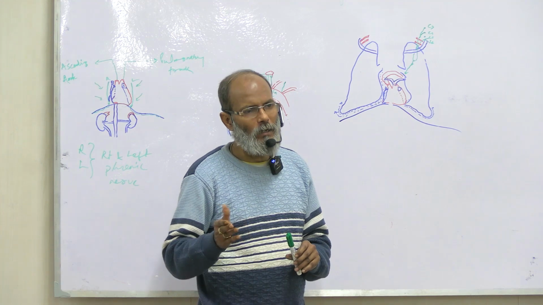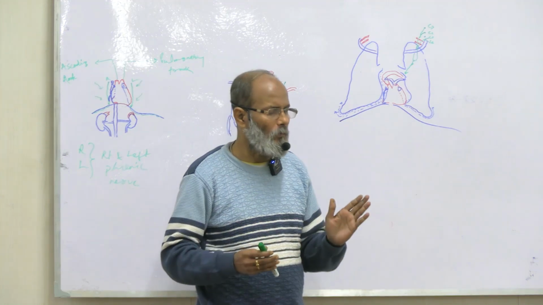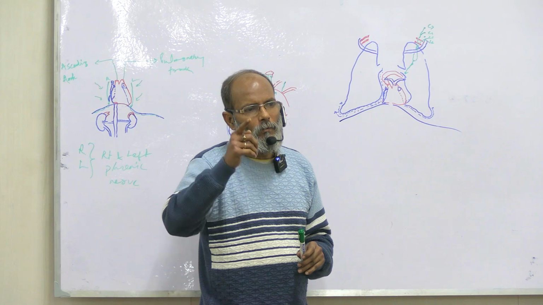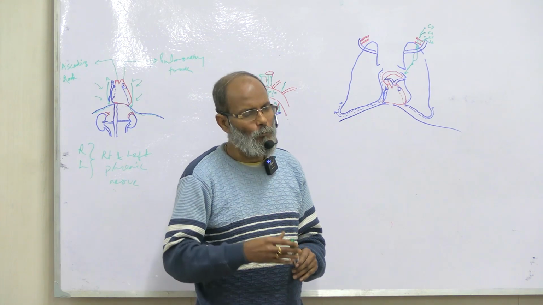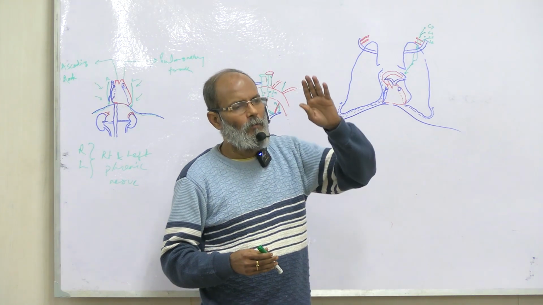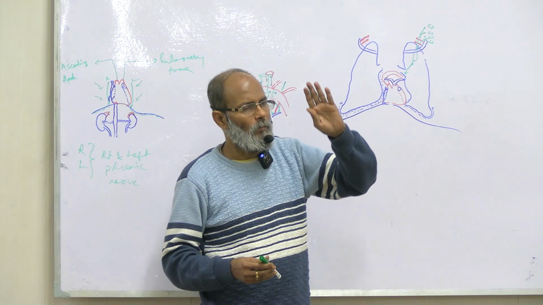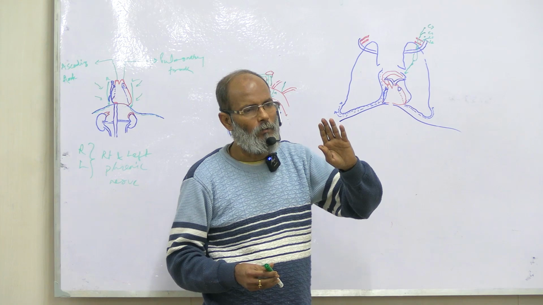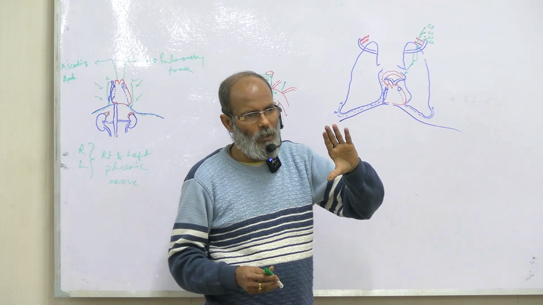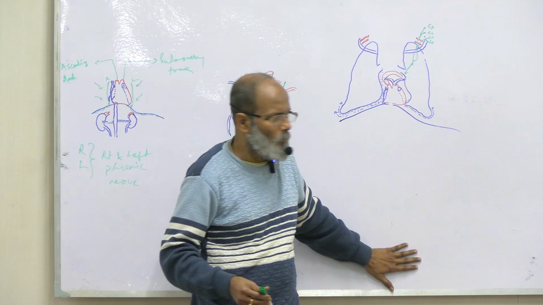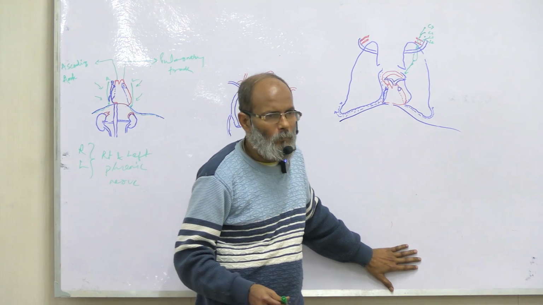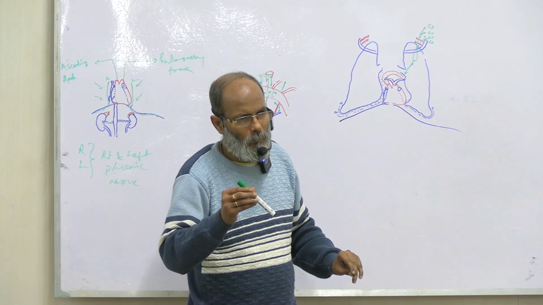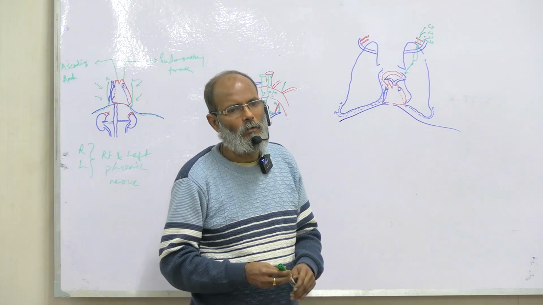In case of the right side, remember one thing: the right phrenic nerve passes along the venous route, that is the subclavian vein, the brachiocephalic vein, the superior vena cava, then the right atrium, then along the IVC.